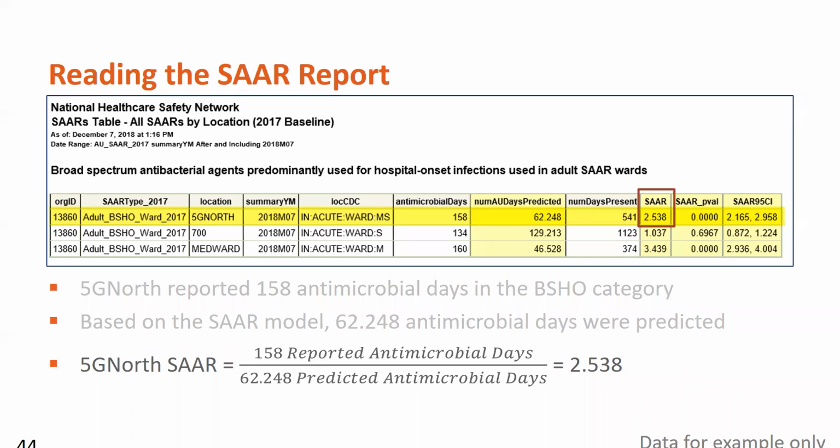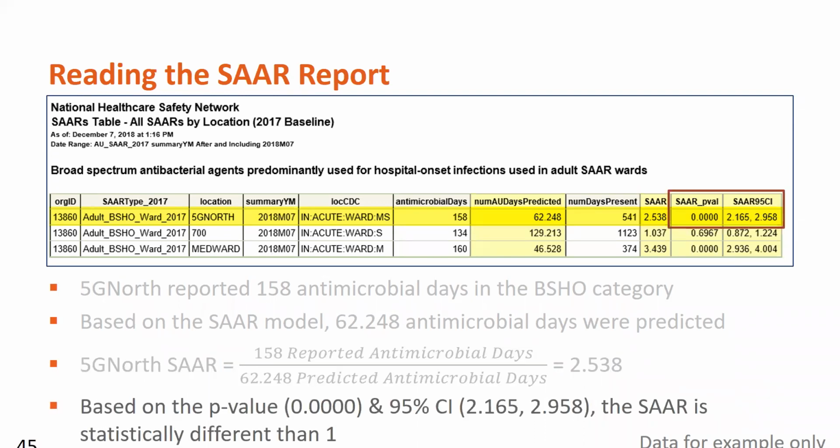So this is telling me that I have used more antimicrobials of this specific type in this unit, in this month, than were predicted by the risk adjustment factors and the national aggregate.